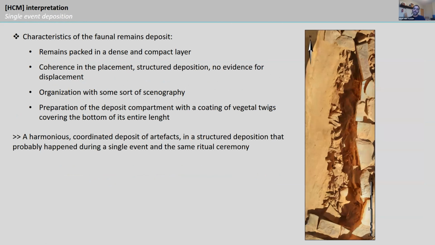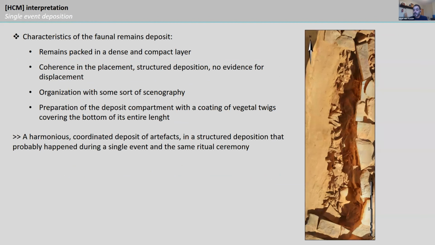As for the interpretation of the data, it essentially relates to the understanding of the faunal remains deposit itself. Based on the exceptionally well-preserved faunal deposit in the horn chamber Mustatil, we believe that it is the result of a single event, and a set of evidence points to this.